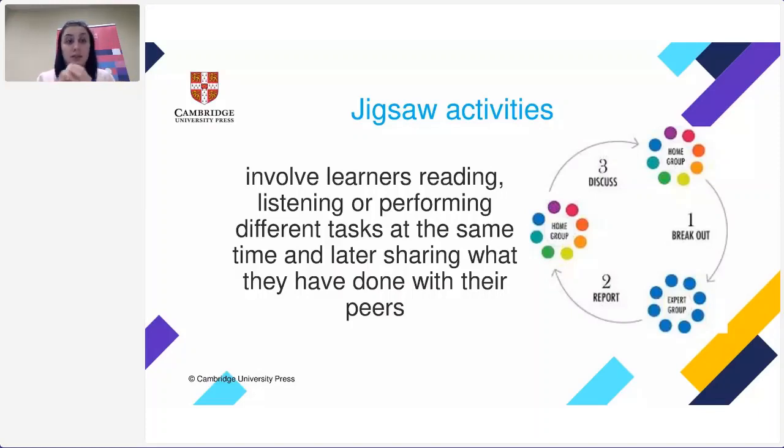After that, this expert group comes to home group number 2 and tells them these main points, how they understood it, and what the task should be. Then the second home group comes to group number 1 and explains how they understood it and what they should do.